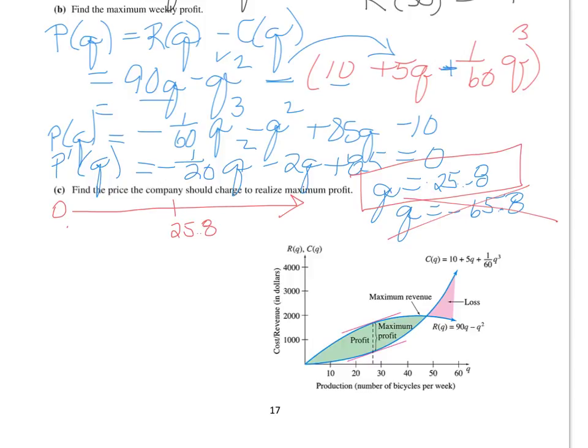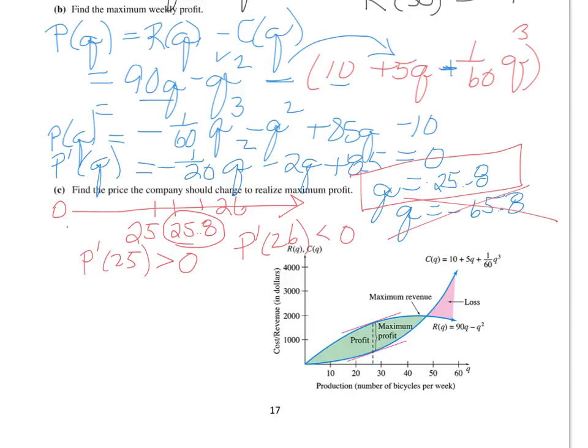So what we're going to test is 25 and 26, and what you'll find out is that when you find P prime of 25, that is in fact greater than 0 or positive, and that when you find P prime of 26, that is in fact negative.